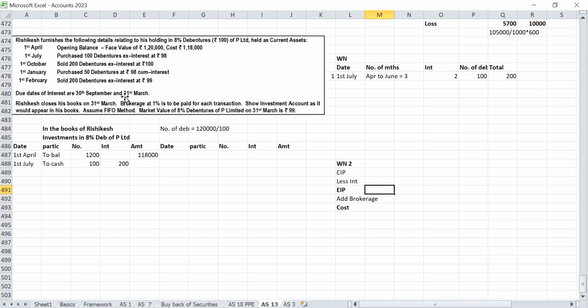In this question they have straight given the ex-interest price as 98, sir. Then brokerage 1%, 1% on 98, so cost is 98.98. 100 debentures into 98.98. This much. 1st July over.